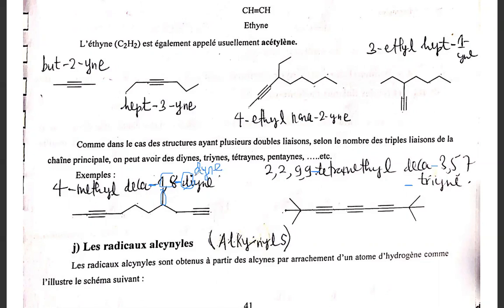Now, what's a diene? In organic chemistry, what's a diene? It's nothing. So we're supposed to make sure that we put the I to show that we are talking about the multiplication factors of these double liaison or triple liaison or the substituents that we have in a question. Is that clear?